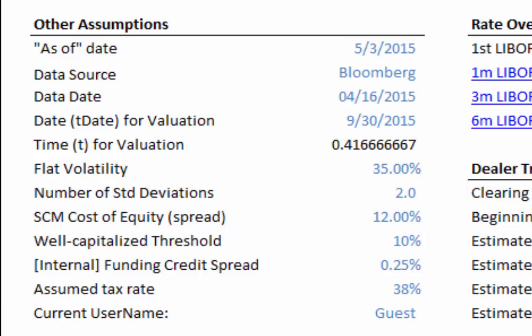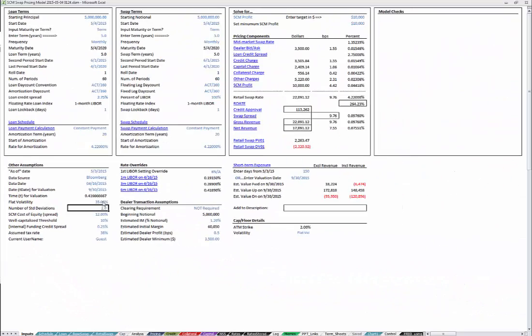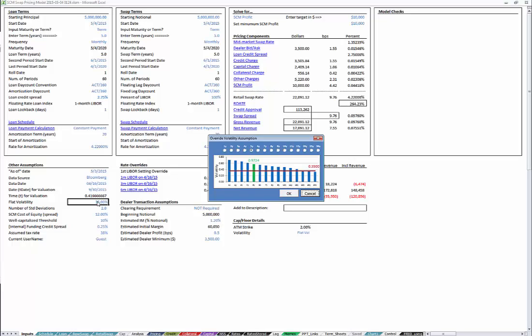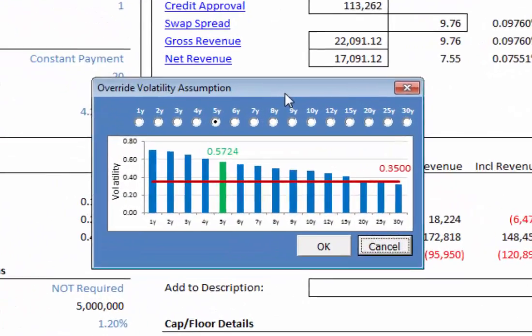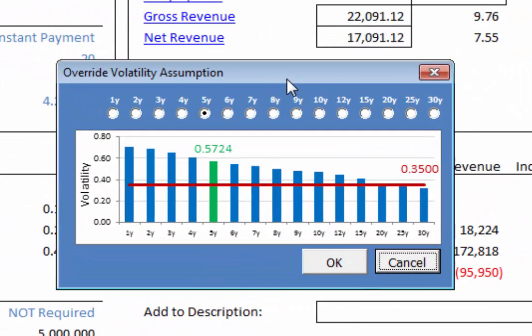You can still enter that flat volatility as before here in this cell, but now you can right mouse click on that cell, and when you do, the model displays a chart of implied volatility. So it says override volatility assumption. Let's take a closer look at this and see how to use this information.